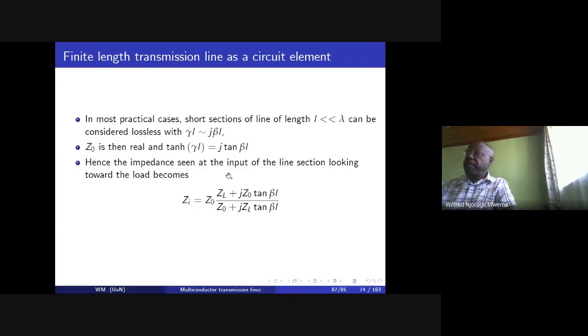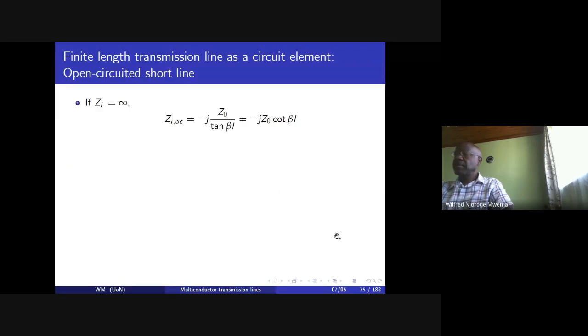And hence, the impedance Zi seen looking into the input of the line section toward the load becomes Zi equal to Z0 times ZL plus j Z0 tan beta L over Z0 plus j ZL tan beta L. This is an expression that I think you are familiar with.